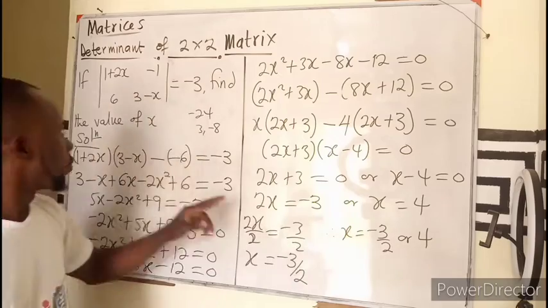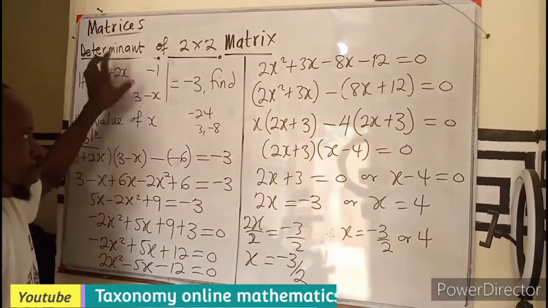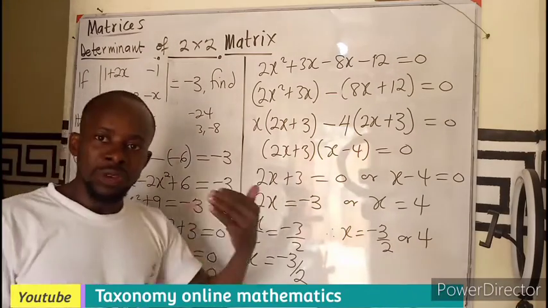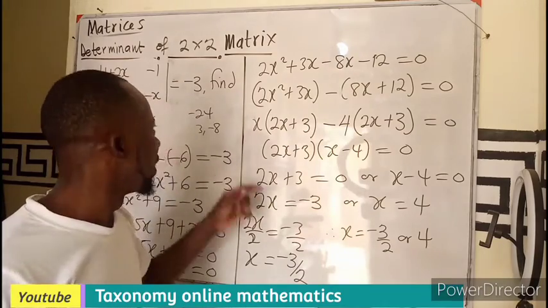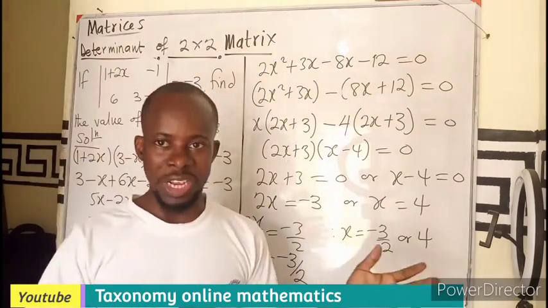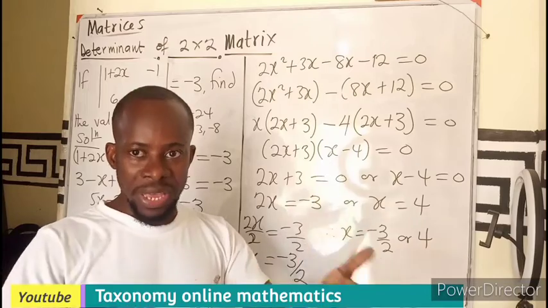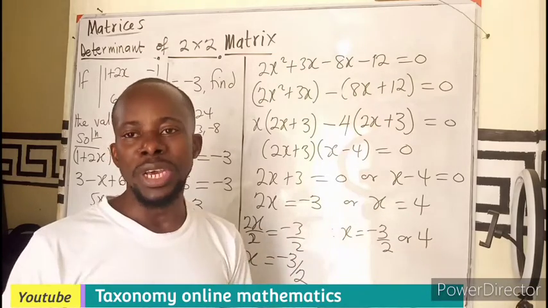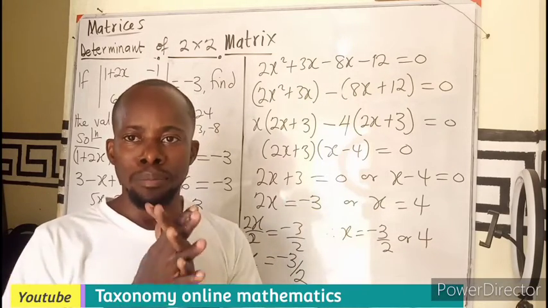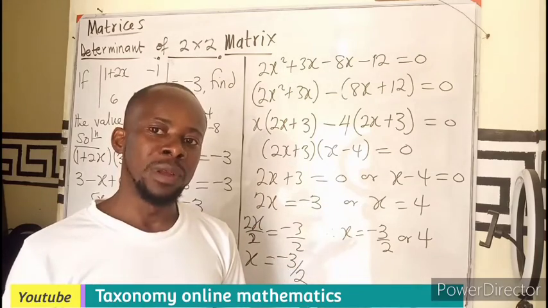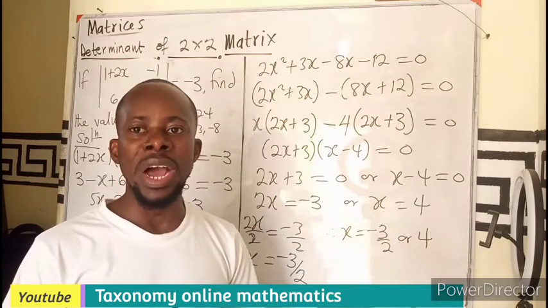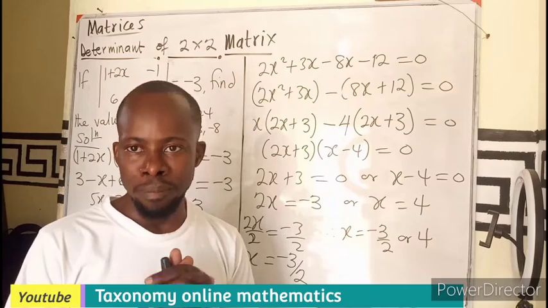If you put 4 also in place of x and still perform the determinant of this, you will still arrive at the value what? Negative 3. So this is the application that you can involve into a 2 by 2 matrix, finding the determinant. You know, the determinant is just easy to find for a 2 by 2 matrix.